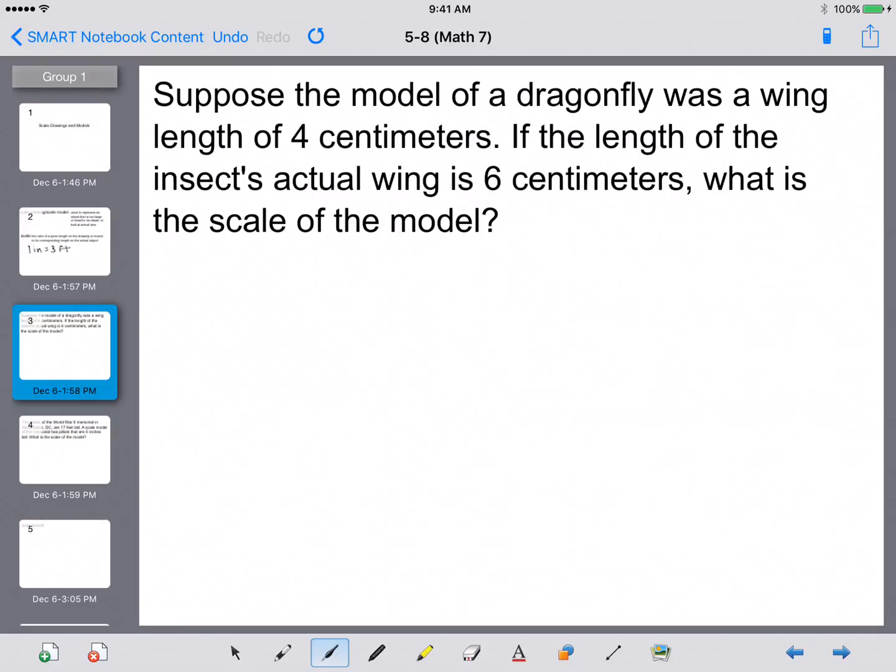So let's suppose the model of a dragonfly has a wing length of 4 centimeters. If the length of the insect's actual wing is 6 centimeters, what is the scale of the model?